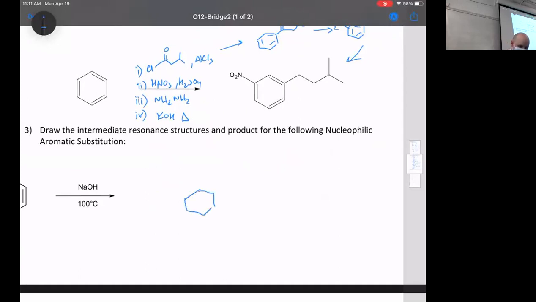I didn't put any of these up there, but if I've got this thing right here, and I want to turn it into this. Natalie, what reagent would I add?